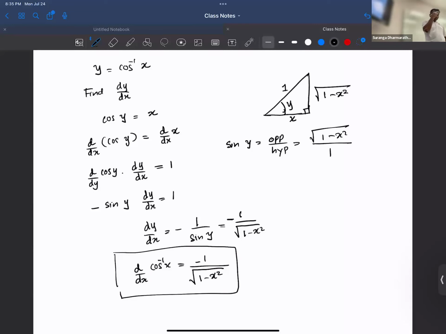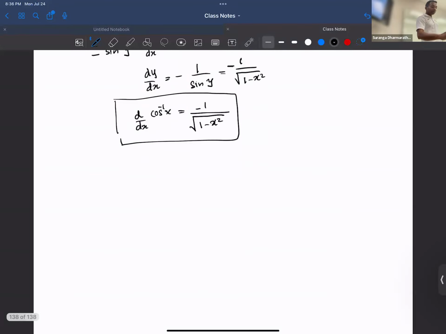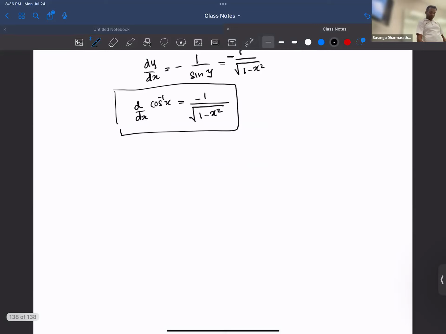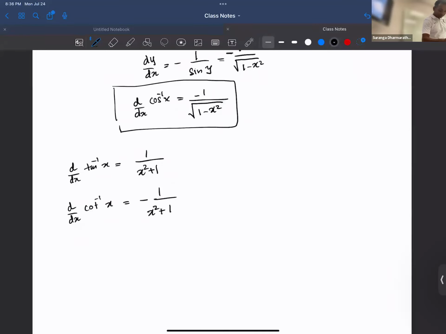In a similar way, you can obtain the equations for the other functions as well. So d over dx of tangent inverse x is equal to 1 over x squared plus 1. D over dx of cotangent inverse x is equal to negative 1 over x squared plus 1.